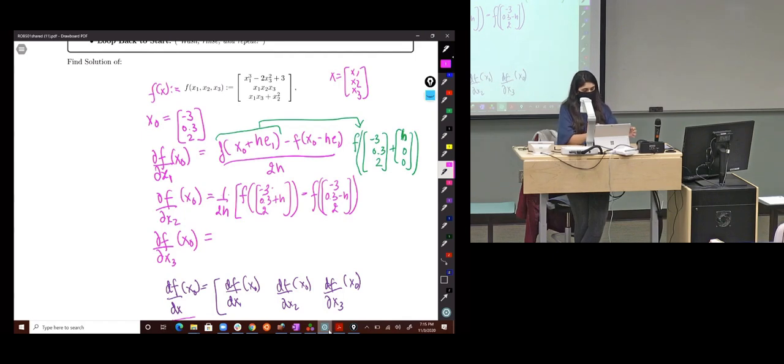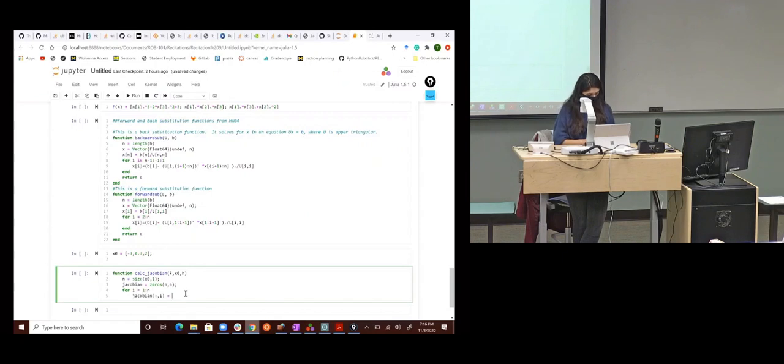Well, the ith column is f of x naught plus h ei, correct? Oh, you want to get the identity matrix as well.